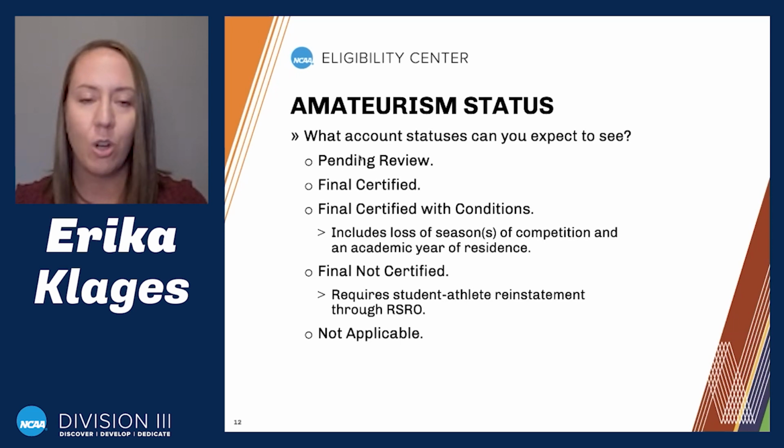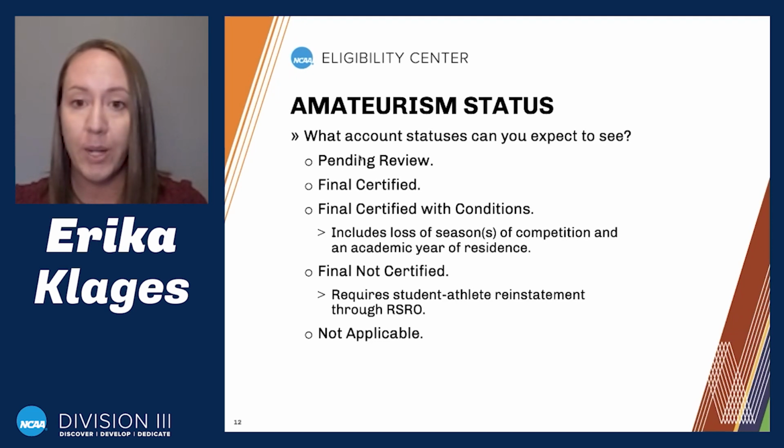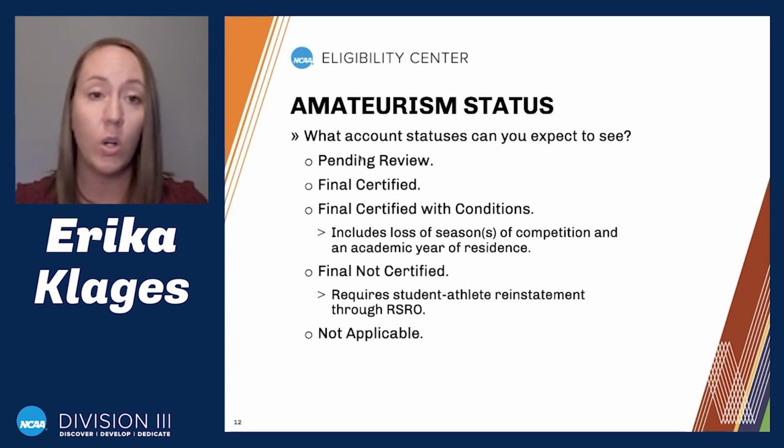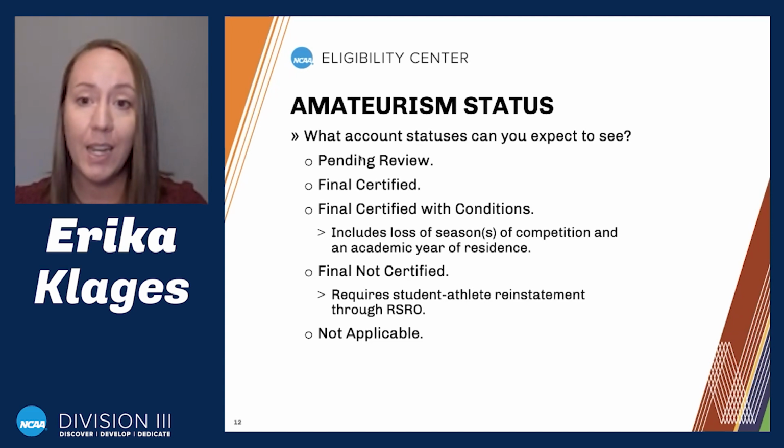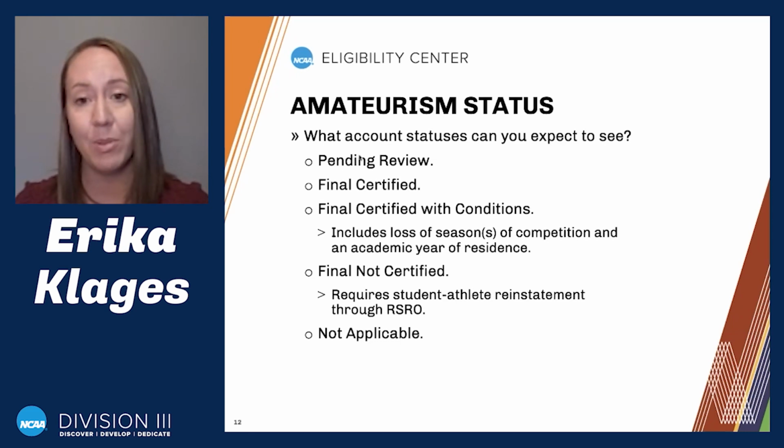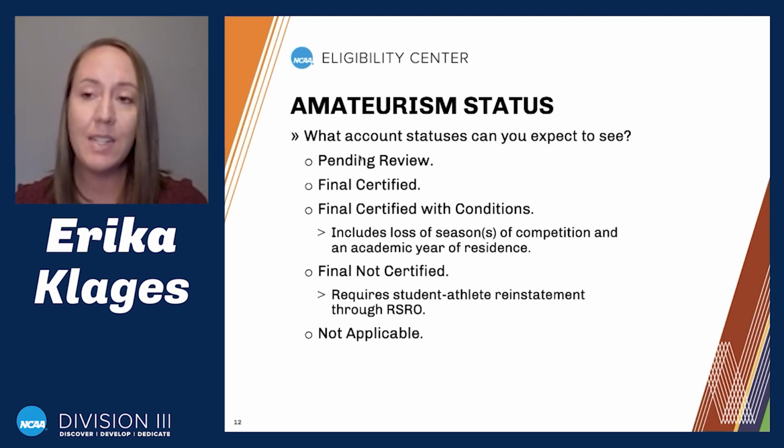We will, again, talk about student athlete reinstatement much more in that March webinar. So stay tuned, but then we do have a not applicable decision. Where possible, we like to give decisions for all divisions, Division 1, 2, and 3. If you get into an account and a PSA has a not applicable decision, it just means that there was something that needed more review.